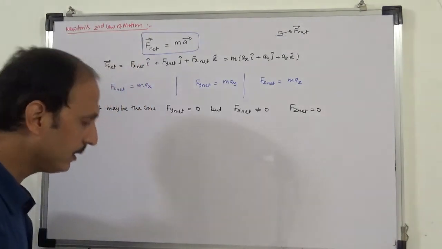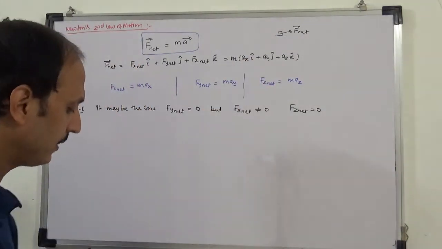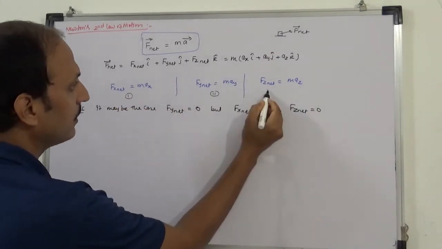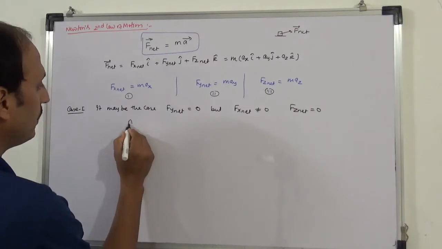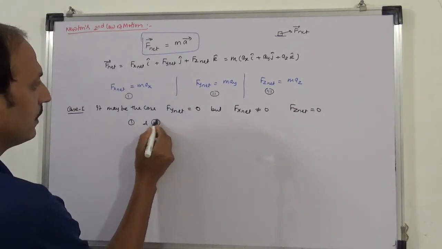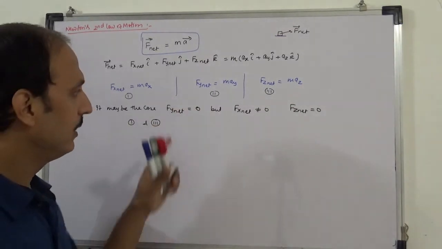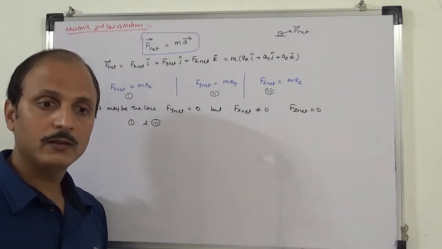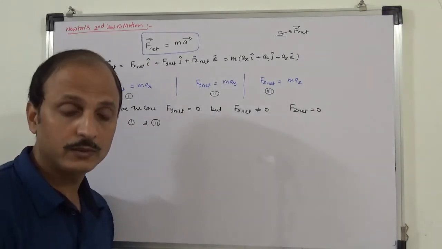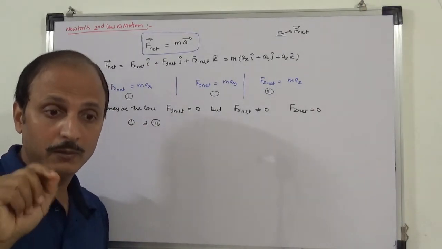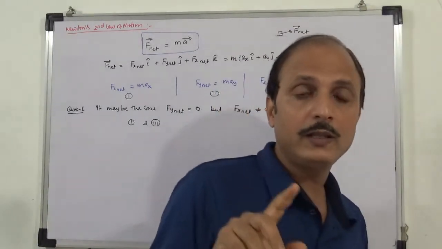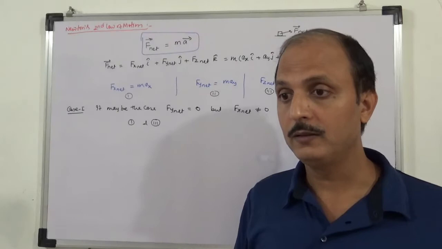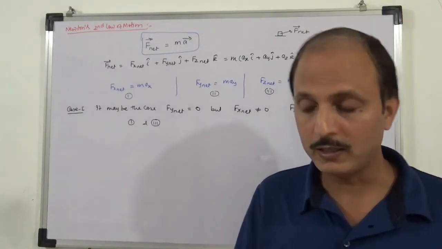If it is there, then this term will go out. So in that case you will have only these two terms, first, let's say second, third. So you will have only 1 and 3. Second will not be there, which means along y there is no force, so net acceleration will be 0 along y, but along x and along z there may be acceleration. I am using the words 'it may be'. Having forces doesn't mean that there will be acceleration. Net unbalanced force is needed. If the forces are balanced, there may not be any. We will come to that.